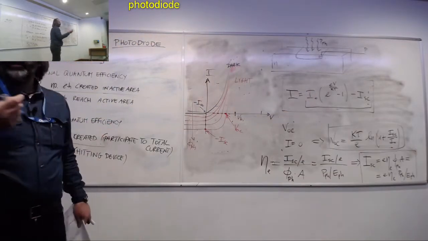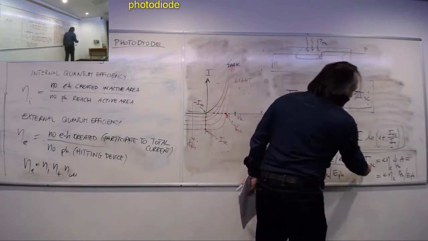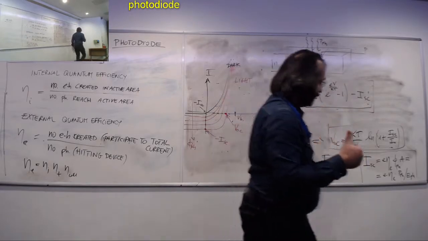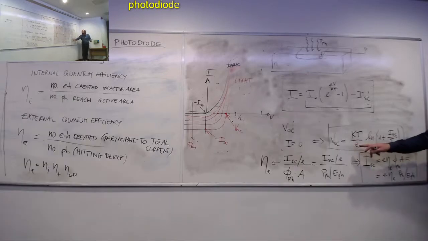What do we understand from here? It's something quite interesting. ISC is proportional to the photon flux, or if you like, to the power of the beam that is hitting the device. While instead, VOC has a nonlinear dependence on ISC, and so on the photon flux, because it's ln of that.